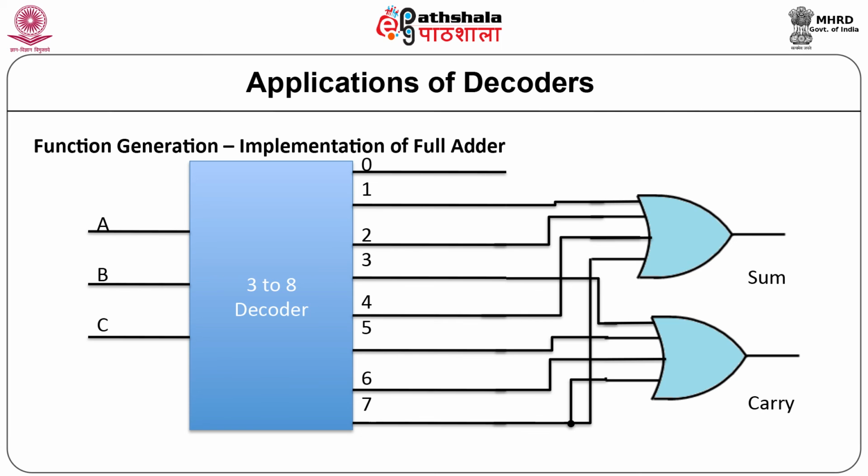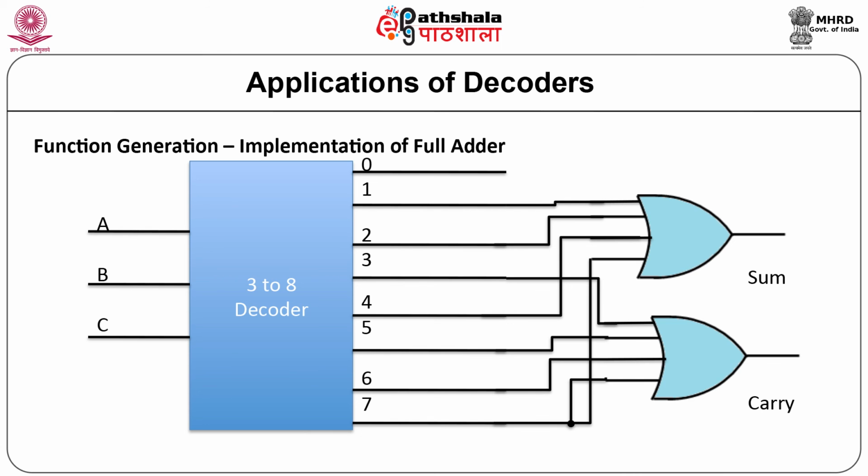Since there are 3 inputs and a total of 8 min terms, we need a 3 to 8 line decoder. The decoder generates the 8 possible min terms for the x, y, z inputs.